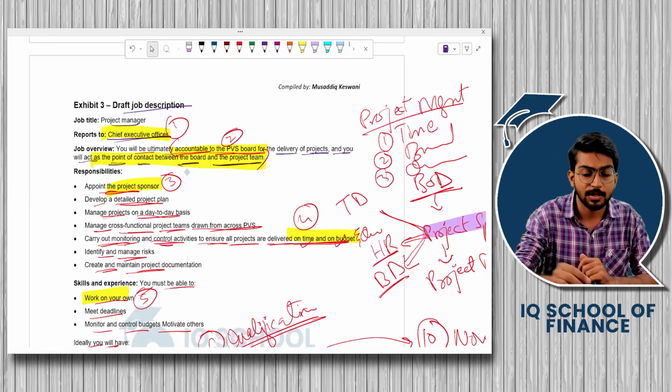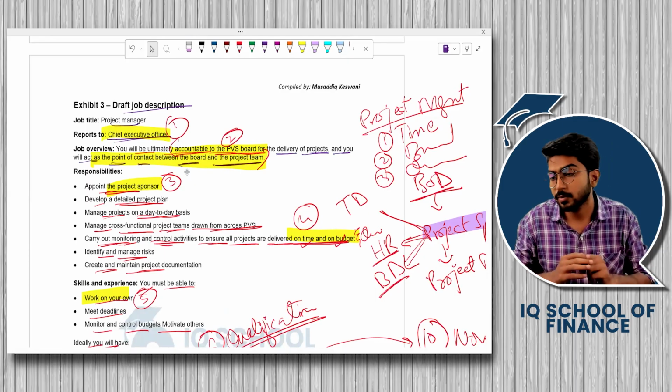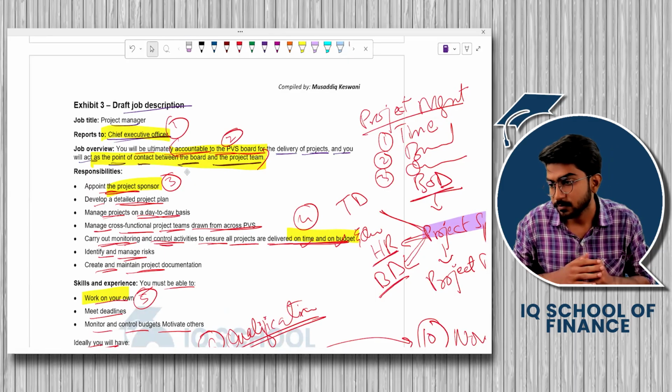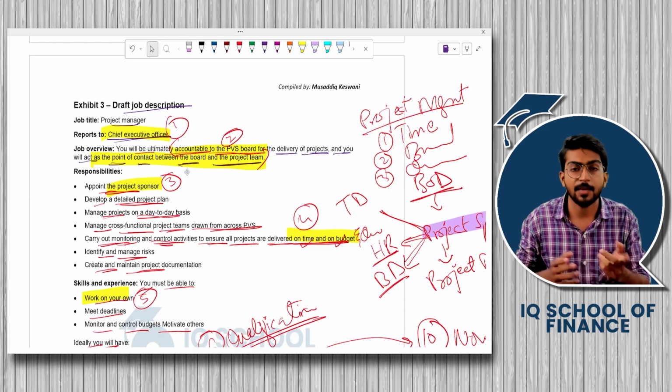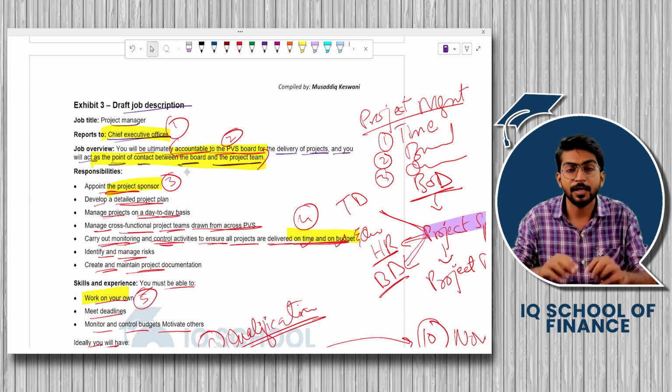So the reporting thing is there. Number one. For example, I'm telling them that the project manager, in the job description, is required to report to the chief executive, which is not appropriate, right?